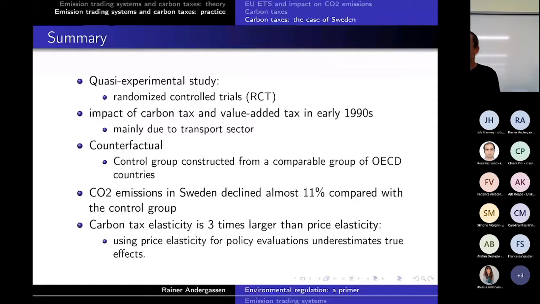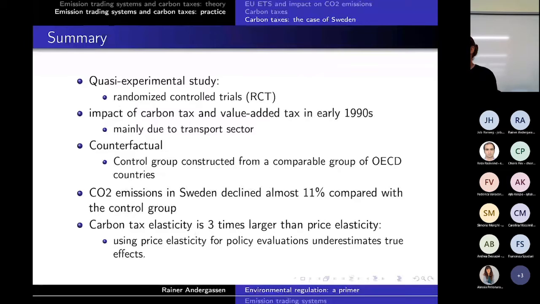Okay, so here the problem is like the one we have seen last week. What you have to do is construct a counterfactual, because in economics we don't have counterfactuals. If you do something, you will never know what would have happened if you had not done so.